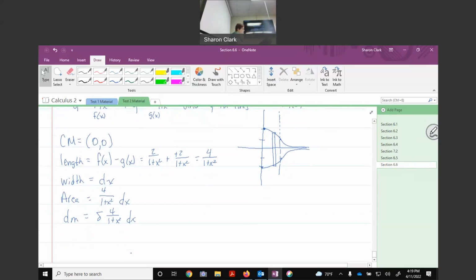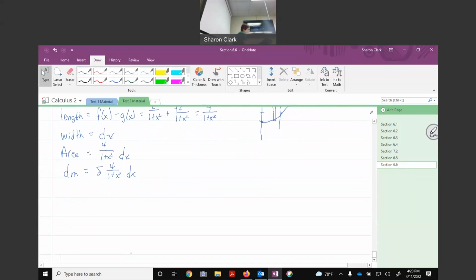Now they told us from 0 to 1. So m equals the integral from 0 to 1 of delta 4 over 1 plus x squared dx. So that's 4 delta integral from 0 to 1 of 1 over 1 plus x squared dx.